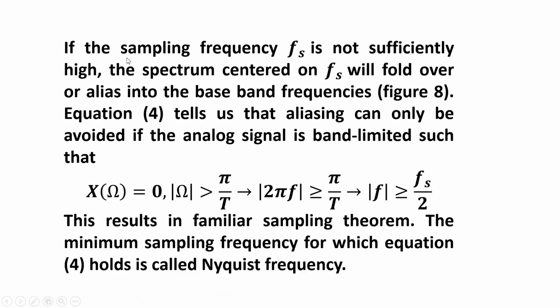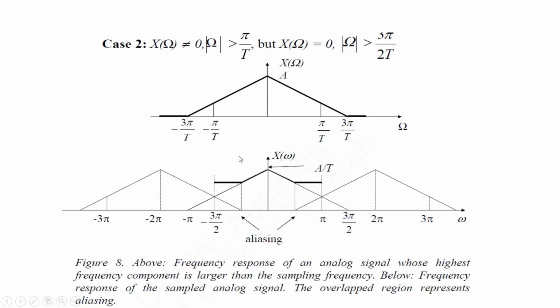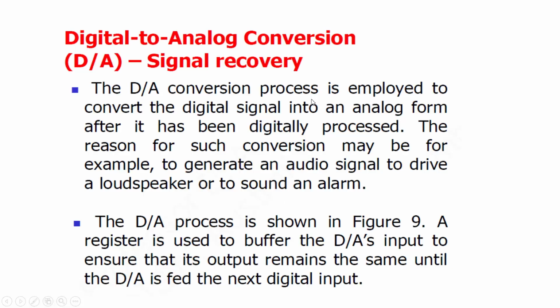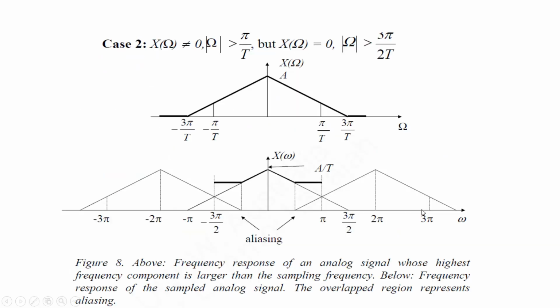Let's see, if the sampling frequency fs is not sufficiently high, the spectrum centered on fs will fold over or alias into the baseband frequency. That means if this is 2 pi and this is 0, the spectrum is centered at this frequency, and this spectrum will interfere into the baseband frequencies.